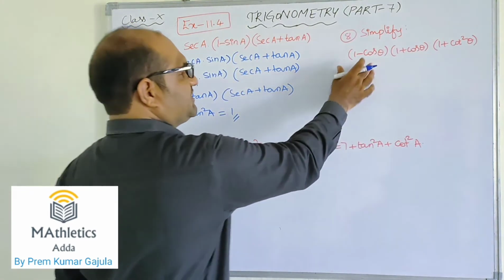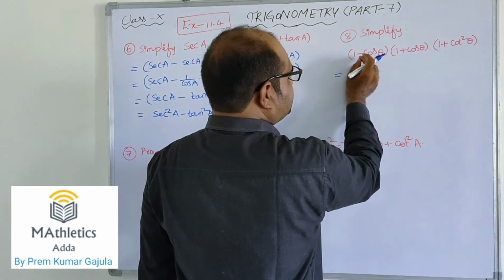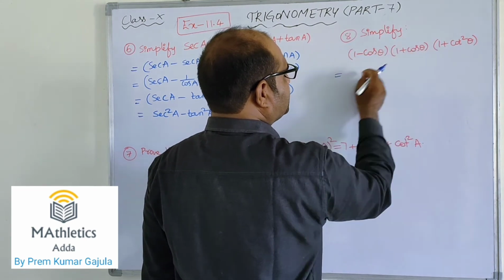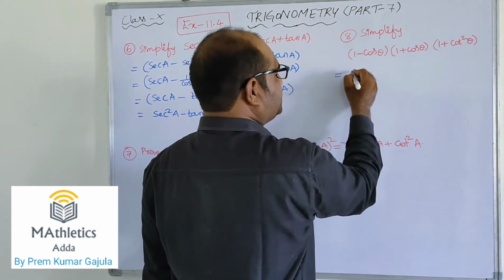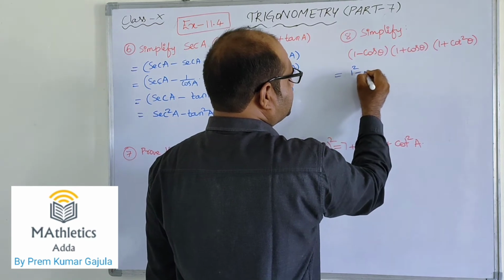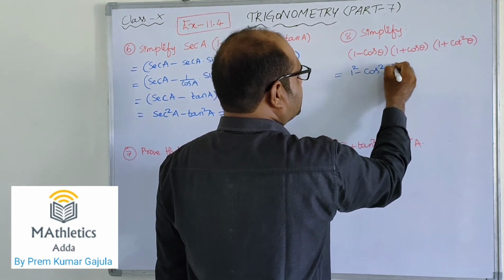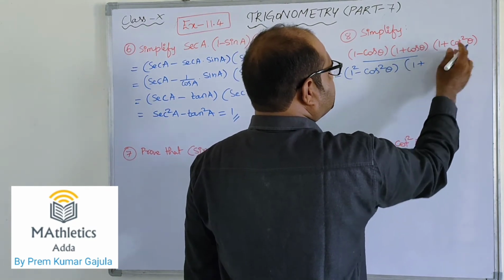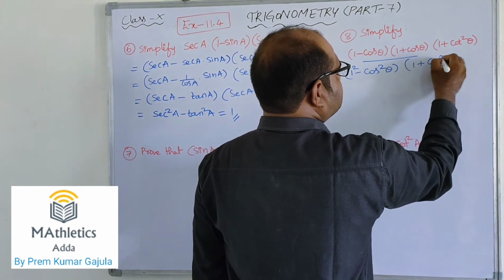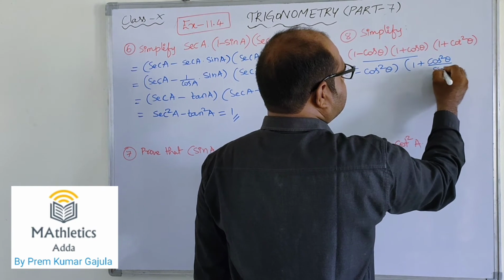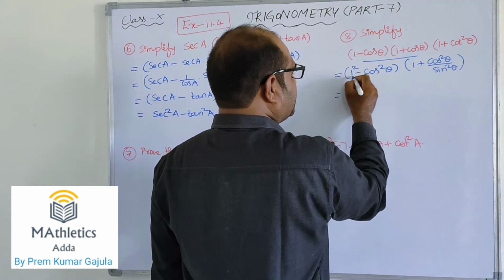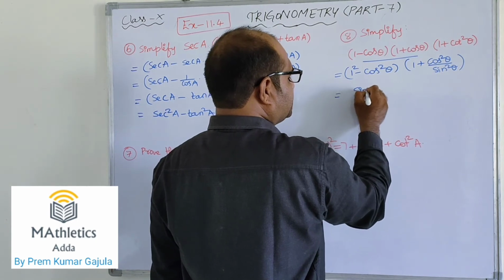Now let us look at the next question. This is in the form of A minus B into A plus B, which is again A square minus B square. So 1 square minus cos square theta. Next, 1 plus cot square theta, I am writing as cos square theta by sin square theta. This we can simplify. 1 minus cos square theta is equal to sin square theta.